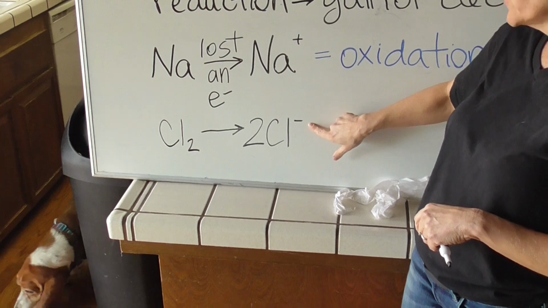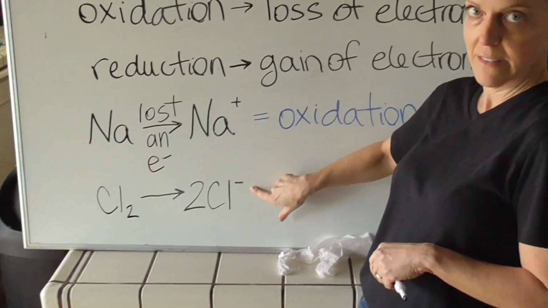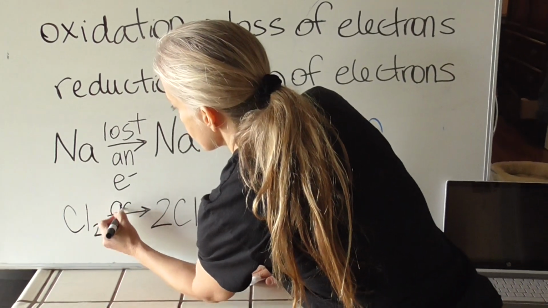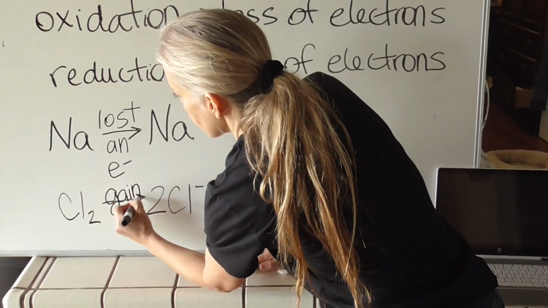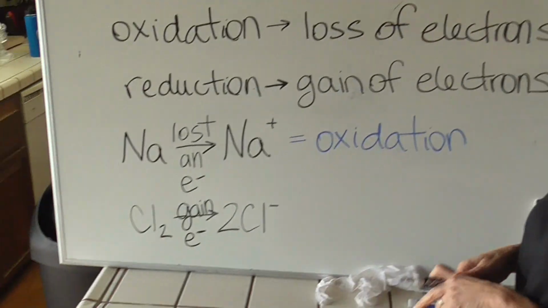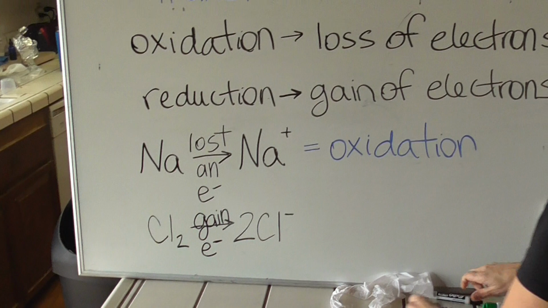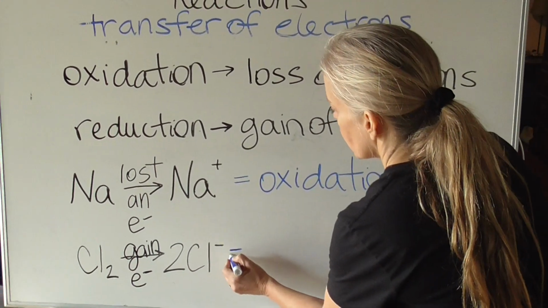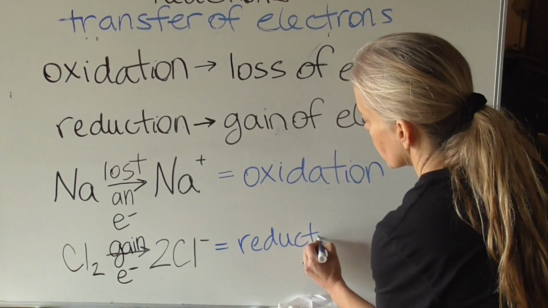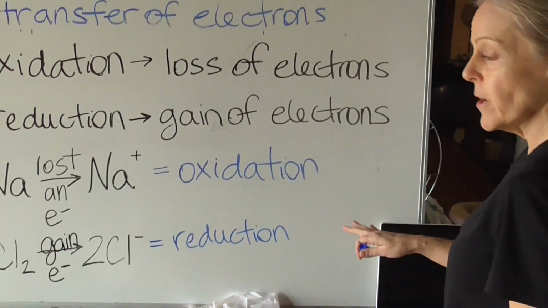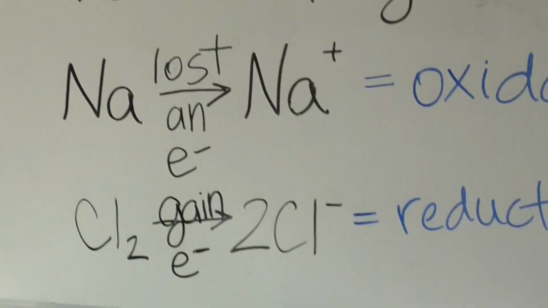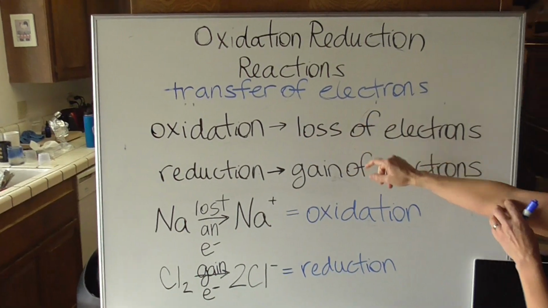That has a negative charge because it gained electrons. We'll just put gain electron at the bottom. So that process is reduction. So something has to gain for something else to lose to make that transfer of electrons.